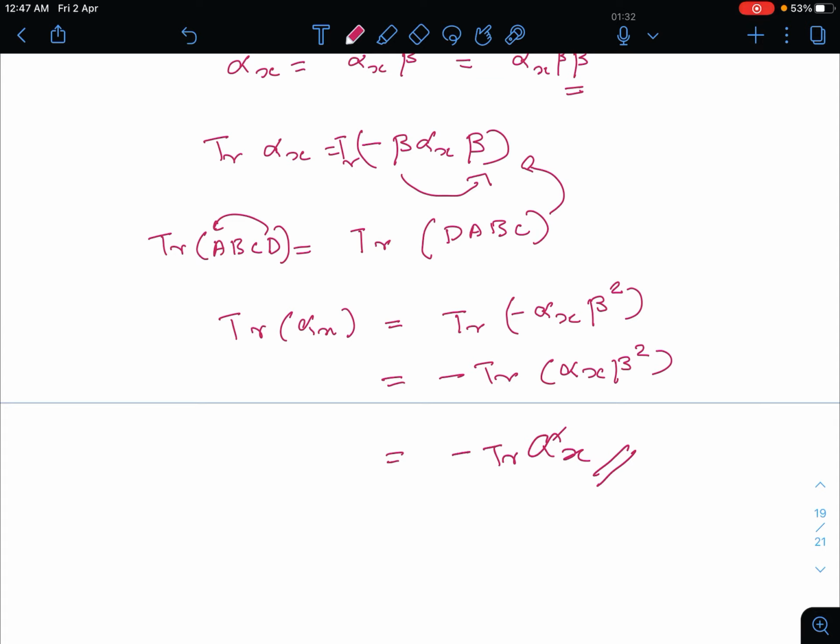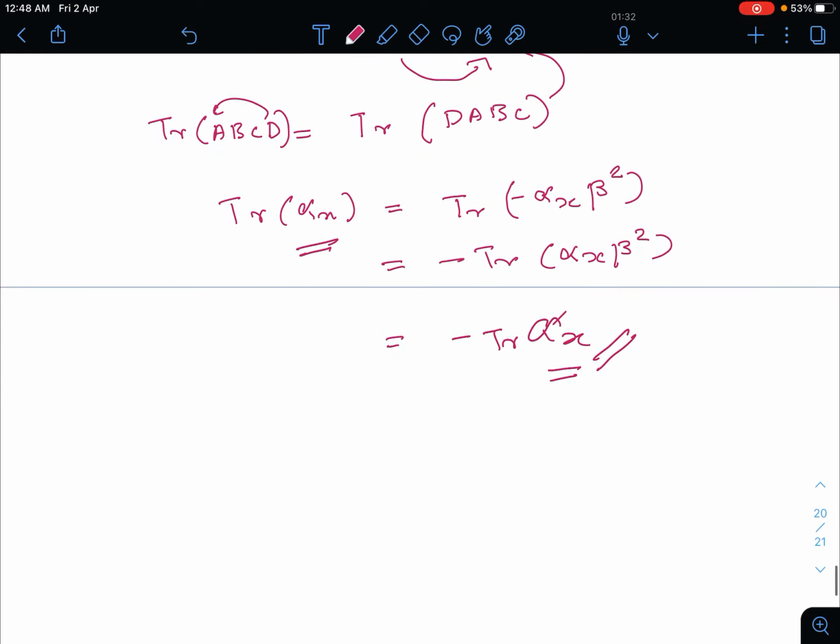Now, something here, what is that? See, the trace of some matrix and the negative of the trace of that, both are equal.